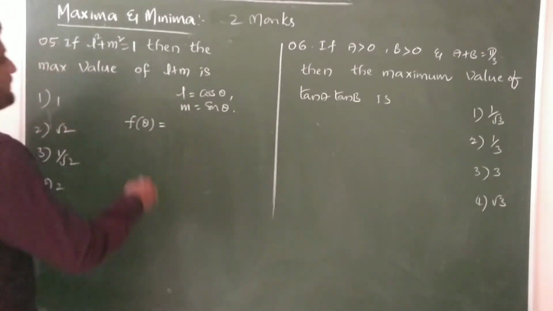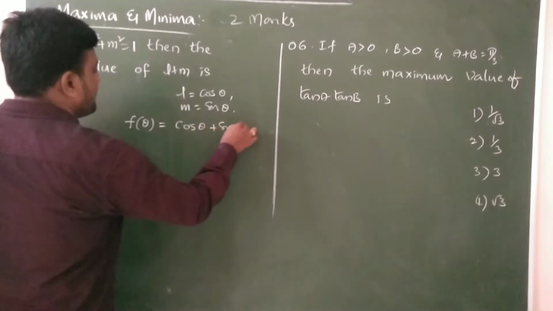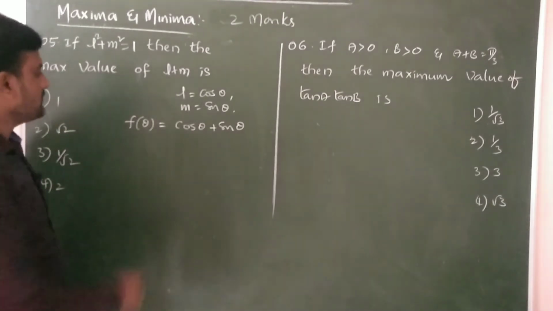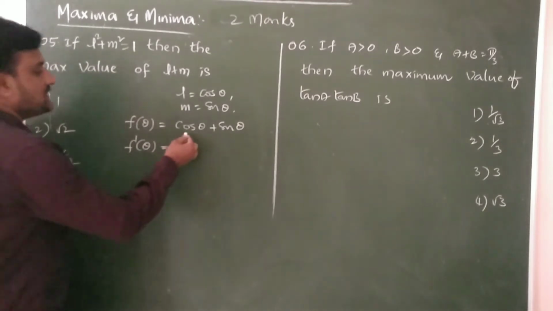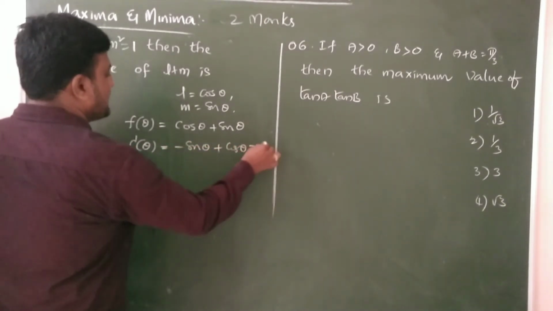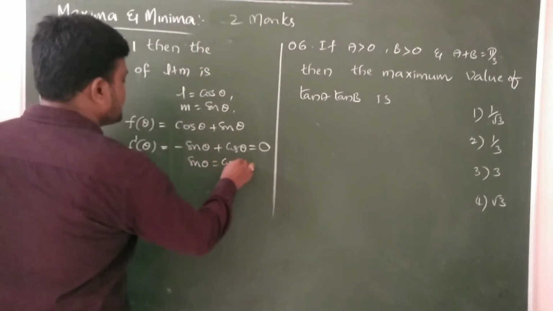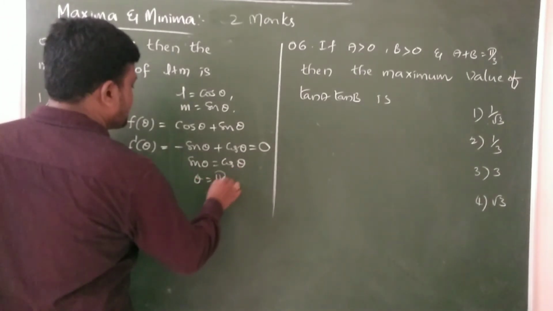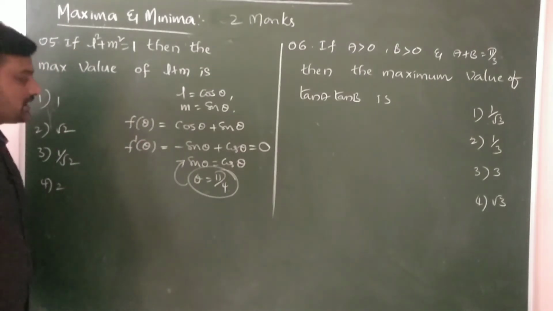f(θ) = cos θ + sin θ. Now for maxima and minima, take f'(θ) = -sin θ + cos θ, set equal to 0. Then sin θ = cos θ. For θ = π/4 the equation is satisfied.